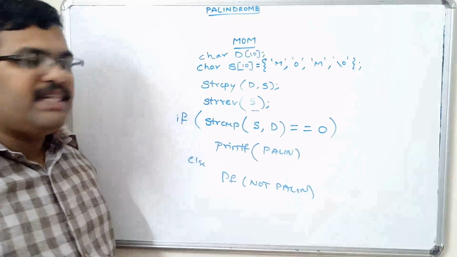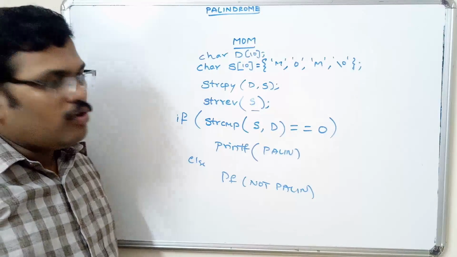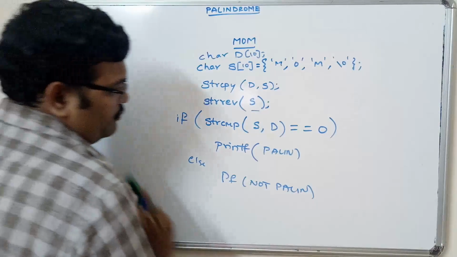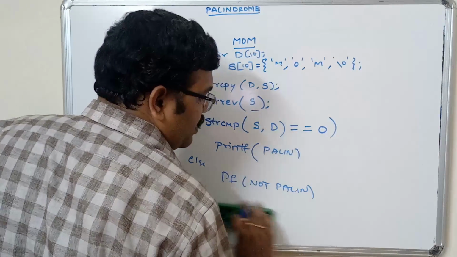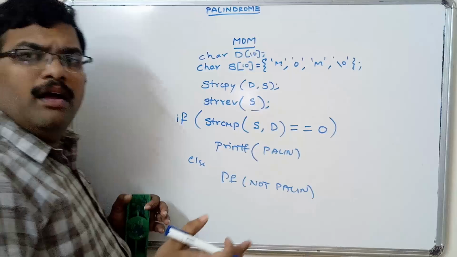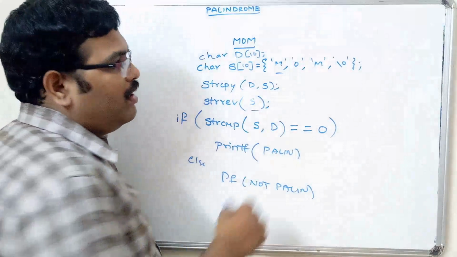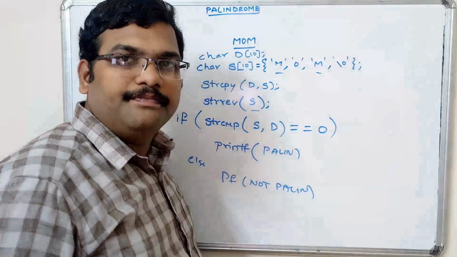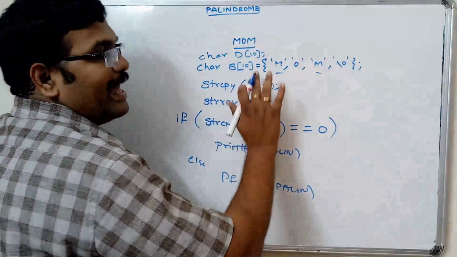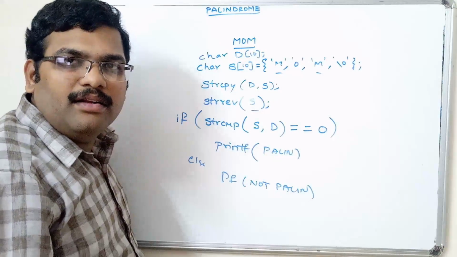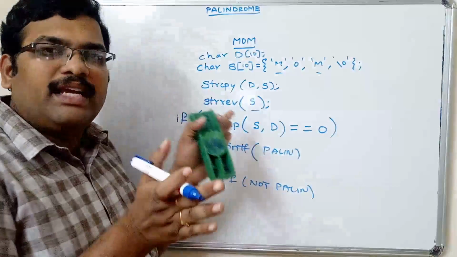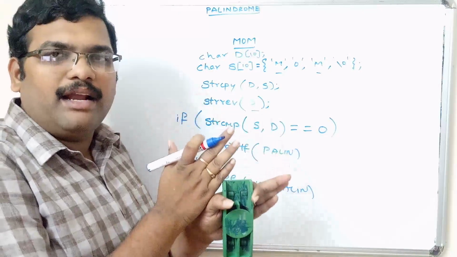And without using the string handling functions, we can directly compare the first character and the last character. Similarly, in the same for condition, we check the first character and the last character.